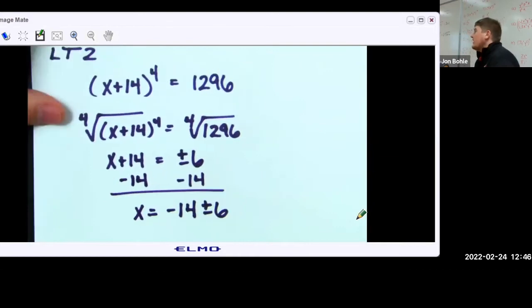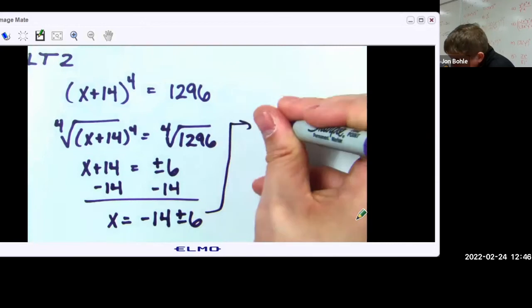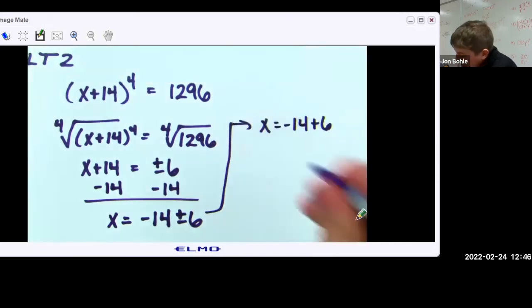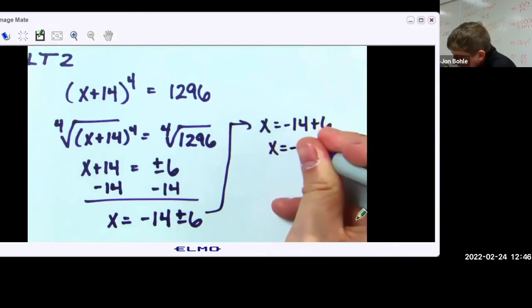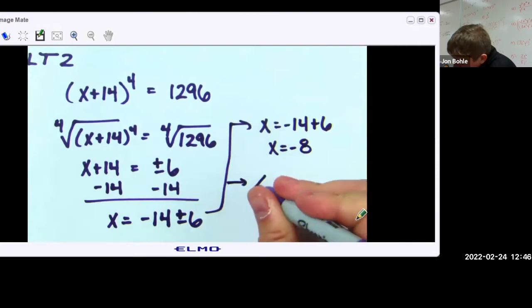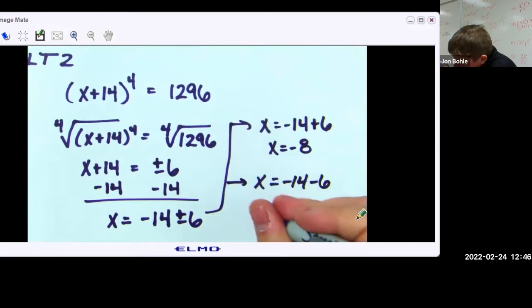If I want my 2 answers from here, I'm going to have to say x is equal to negative 14 plus 6, so x is negative 8. And the other one is x is equal to negative 14 minus 6, so x is negative 20.